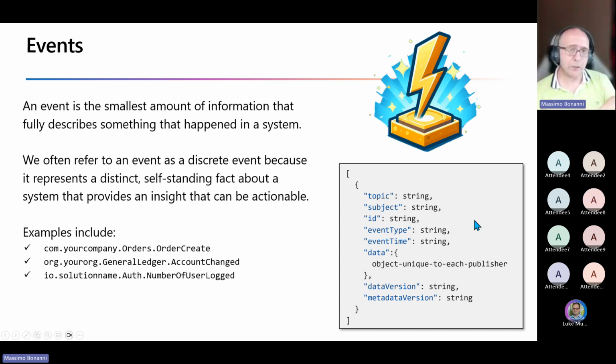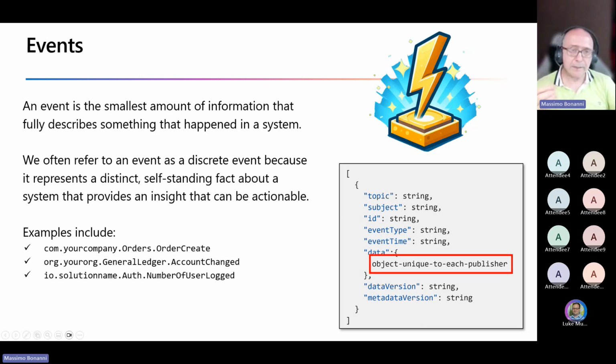Generally in Azure, the event has this schema. Every event, no matter what the source is, is produced with this schema. So topic, subject, event type, event time, and data are always the same. But here you have the data of the particular event.